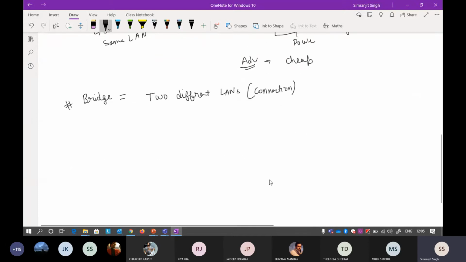So now, how exactly is the LAN different? Suppose this is your bridge, and on the left-hand side of it there are some devices connected, and on the right-hand side there are some devices connected. Here the Ethernet LAN is a type of LAN. Ethernet, I'll tell you about it. We have in the syllabus Ethernet and token ring.